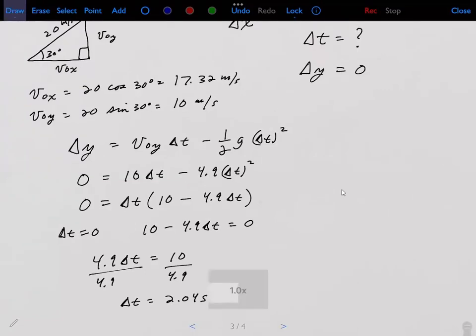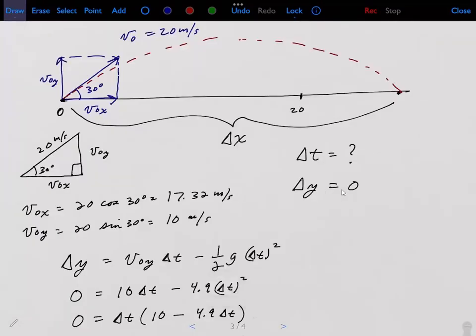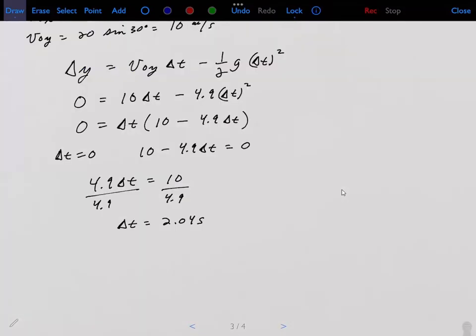So how far did the ball travel? What is this delta x equal to? Well, now we can figure that out, right? Because we know that delta x is equal to v naught x delta t. There's no acceleration, so I don't need the rest of that formula because there's no acceleration in the x direction. We're assuming there's no air resistance.